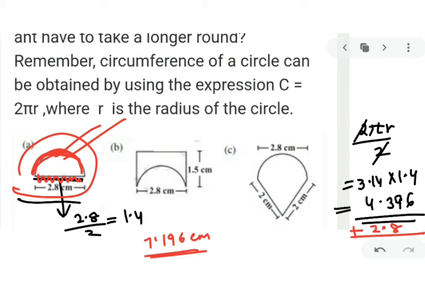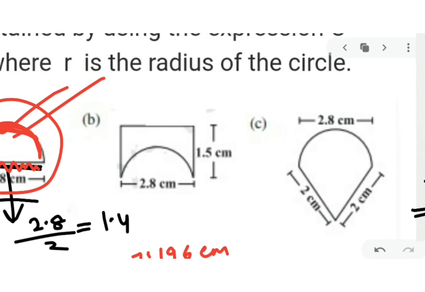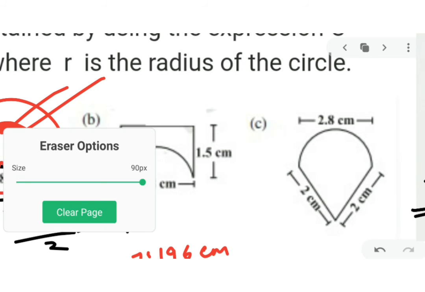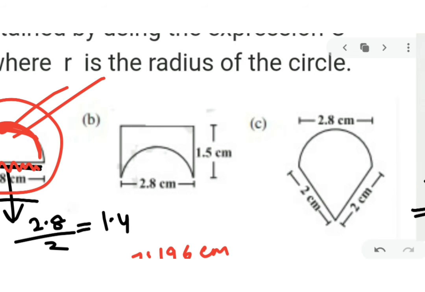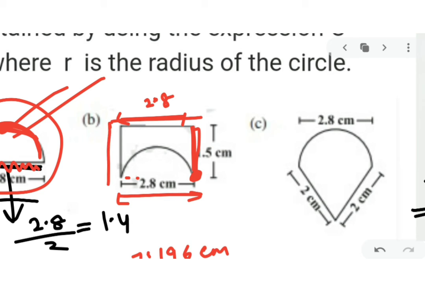Okay, now if I want to go for the next structure, I'll zoom a bit so that you can understand well. In this you have 1.5 on this side, and this is 2.8 the whole. So this will also be 2.8 because these are the opposite sides of a rectangle. So if the ant wants to move, she has to move from here, that is 1.5, 2.8, 1.5.